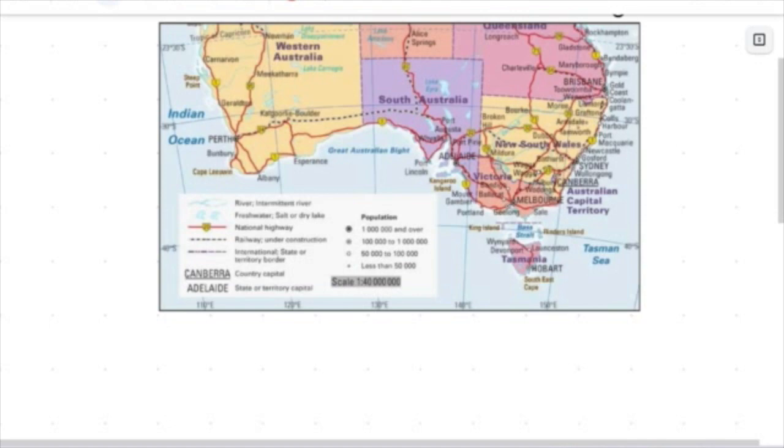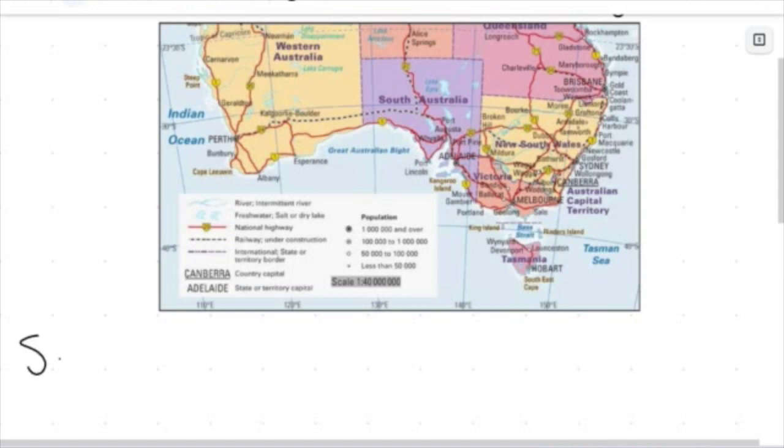Now, this doesn't just have to apply to maps. This can apply to models. So if you work in architecture, for example, the model you make has a particular scale, something that tells us how big this would be in real life.